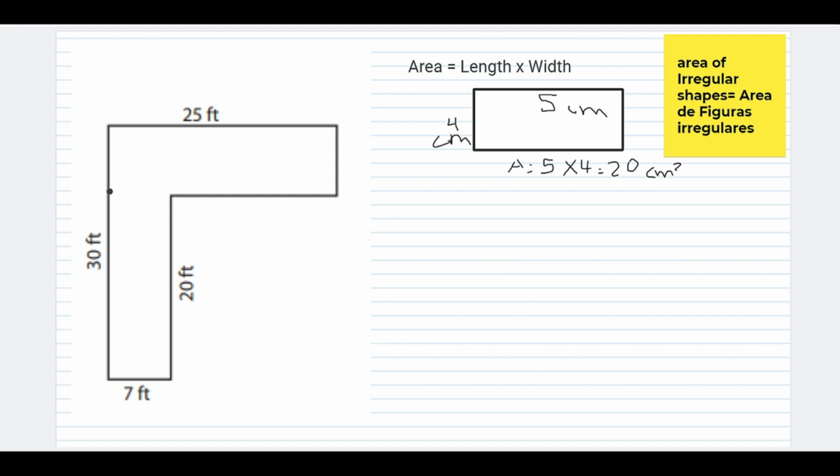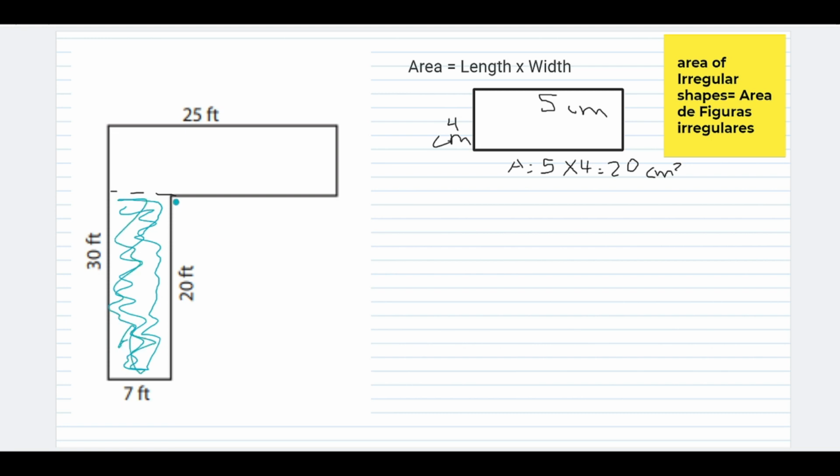We cut this shape into equal rectangles. This is going to be our first shape, so I'm going to shade that in blue. This is going to be our first rectangle.